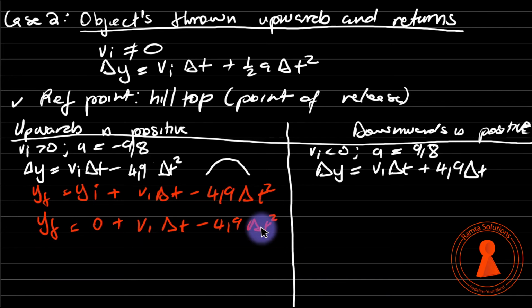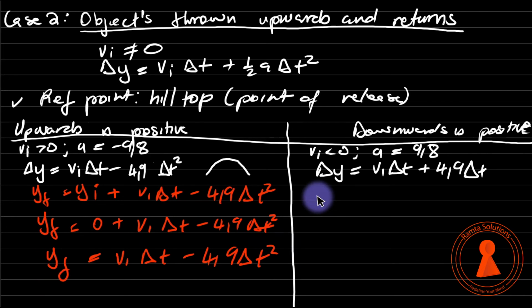So y is basically vi delta t minus 4,9 delta t squared. In the same vein, yf equals vi delta t minus 4,9, or plus 4,9, delta t squared.